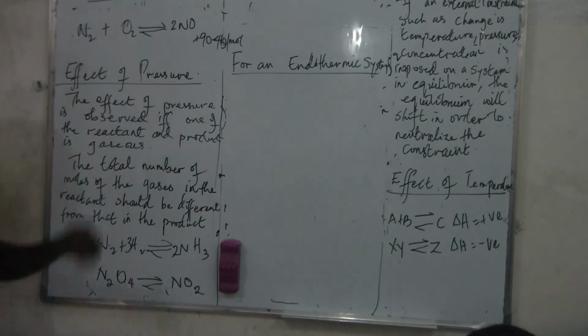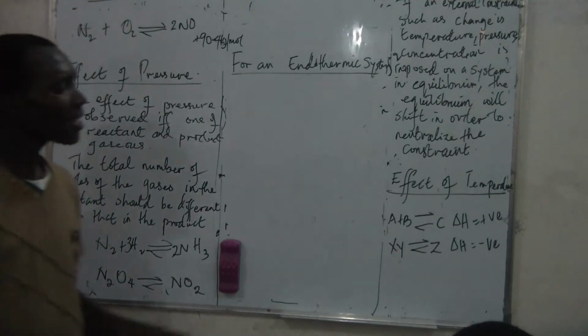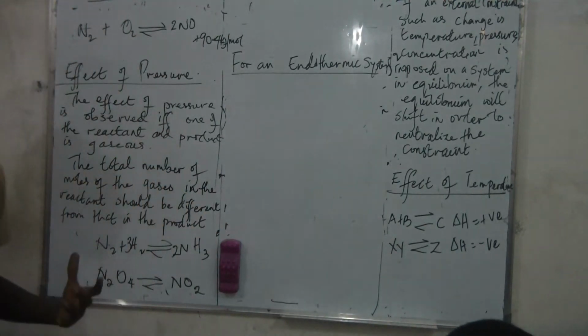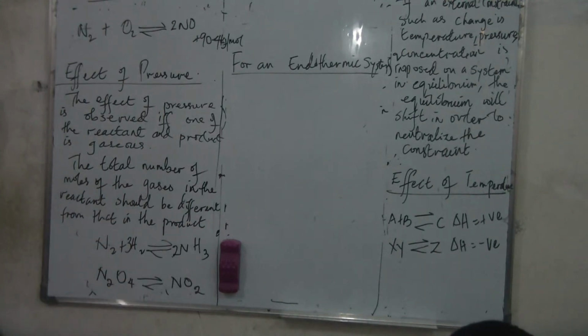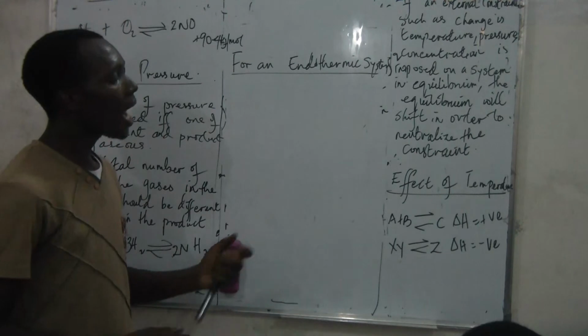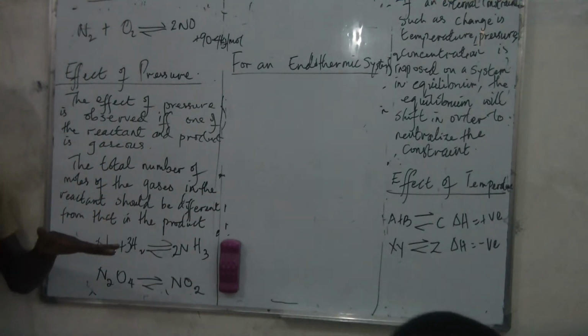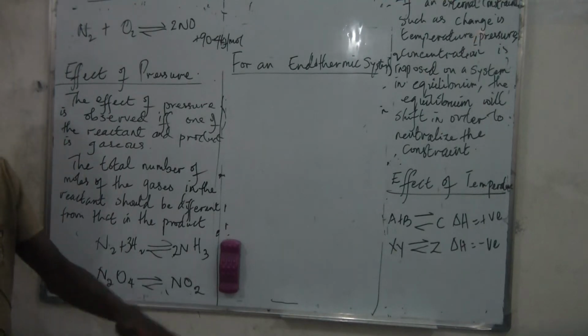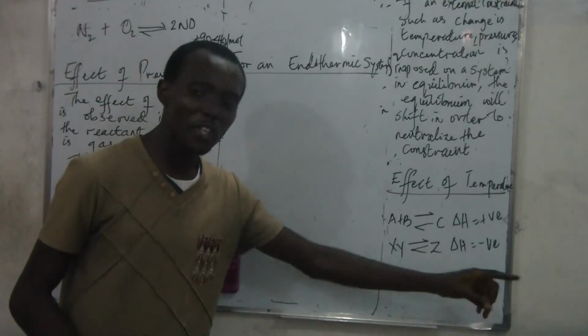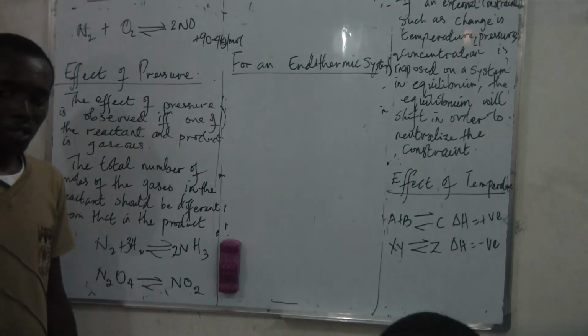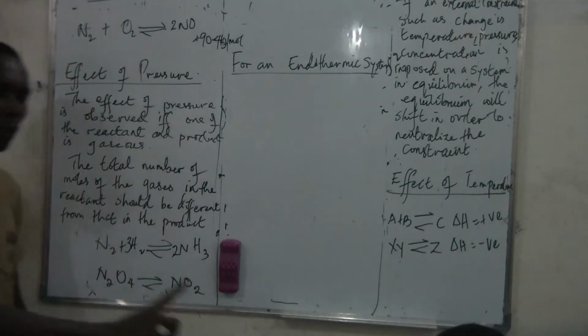Do we understand that? Next, we have an exothermic system, one in which there is a net reduction in the amount of energy. When we speak of an increase in temperature, when temperature is increased, it favors the backward reaction.